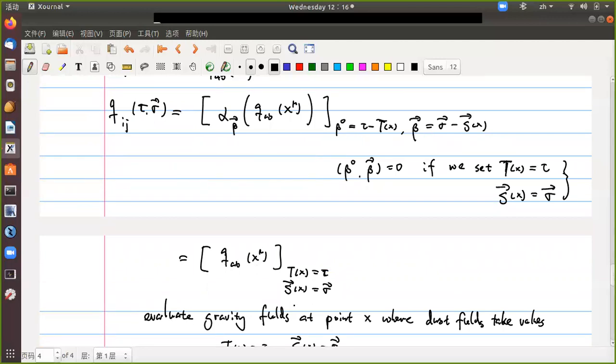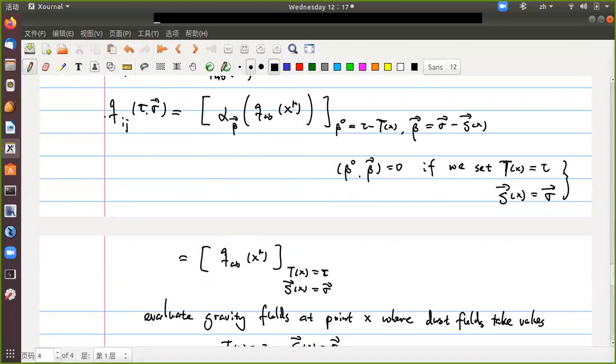And the dust field being a scalar, the value doesn't change. You make a coordinate transformation of x, it doesn't change the value of tau and sigma, okay? Because both the field q and T and S change, and so these two changes cancel each other. Namely, the value of the field depending on tau and sigma doesn't change under coordinate transformation.